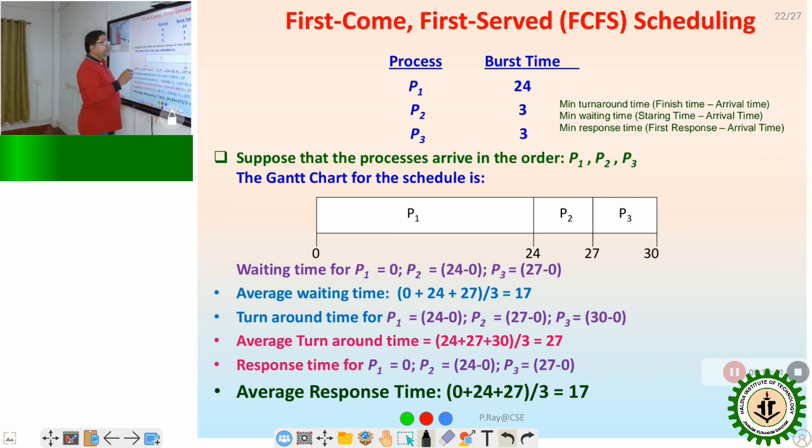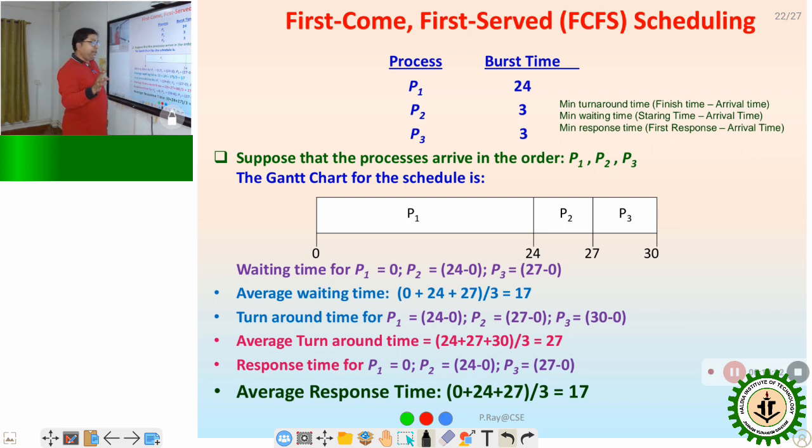Now, if I ask you what is the waiting time for the process P1? P1 arrives at time 0, so the waiting time of P1 is simply 0. The arrival time of P2 is also 0, but it starts at time unit 24. So the waiting time for P2 is 24 minus 0.